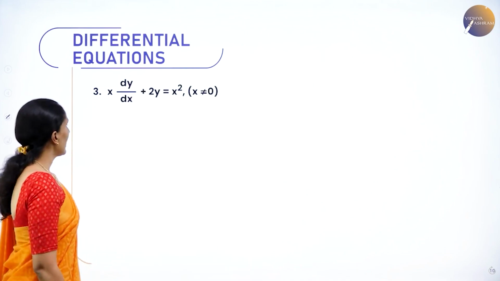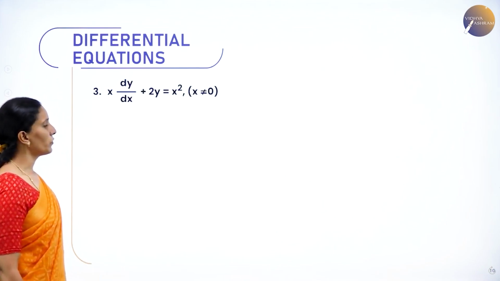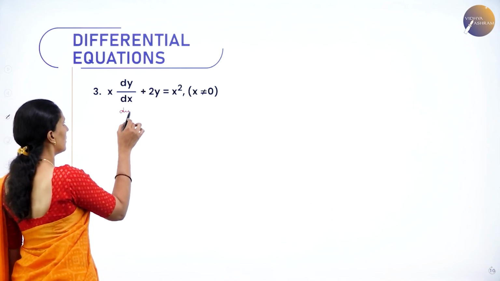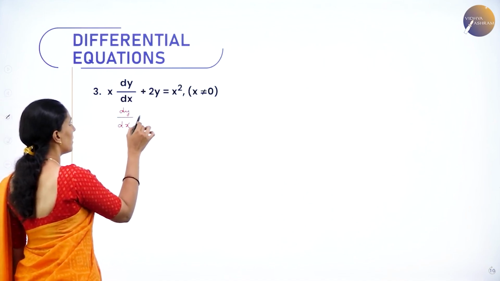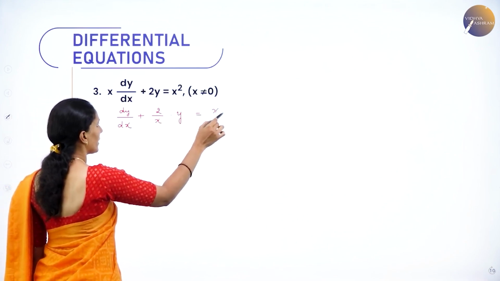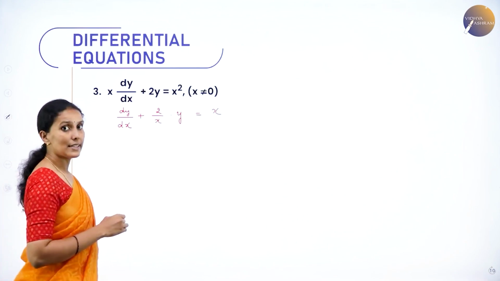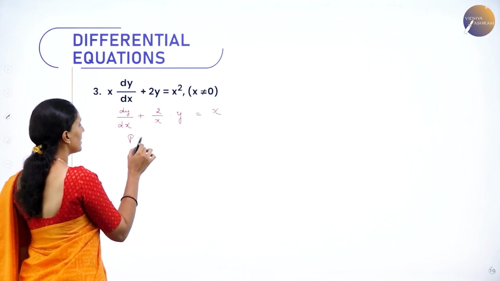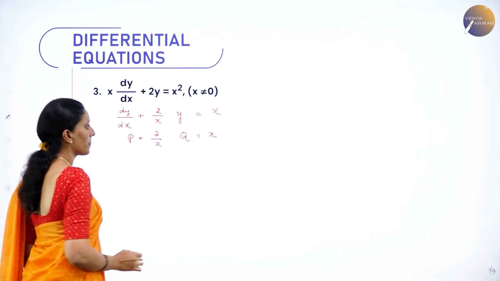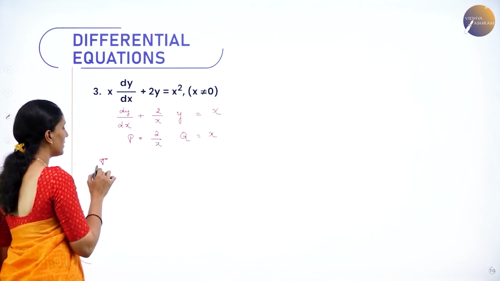Next we have x into dy by dx plus 2y is equal to x square. Divide the equation by x, then this becomes dy by dx plus 2 by x into y is equal to x. Clearly you can see this is the standard form. So therefore p is equal to 2 by x and q is equal to x. Now find the integral factor.